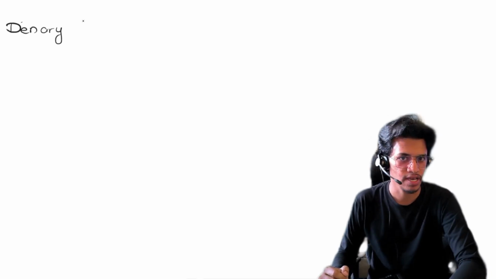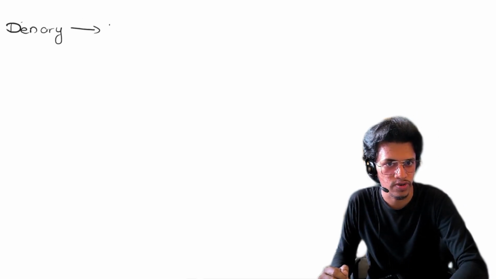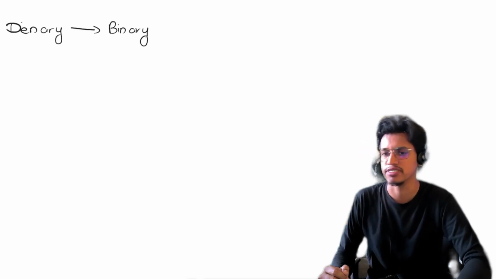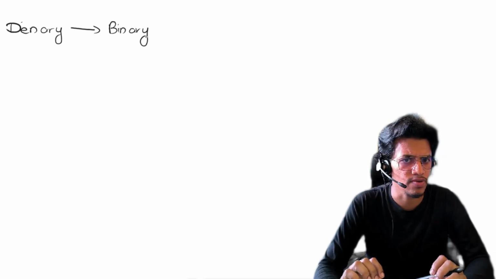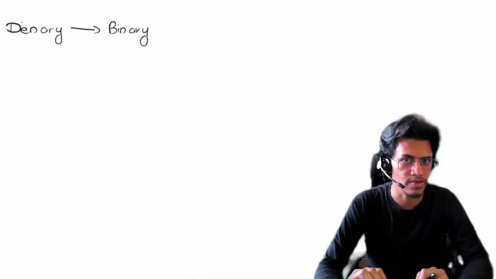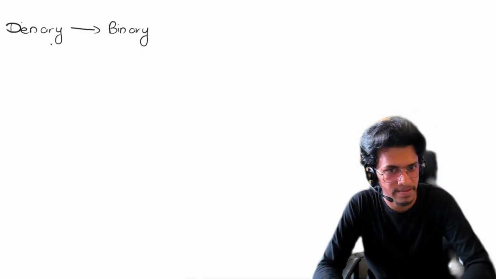Denary, or the base 10 number system, we are going to convert to binary, which is a base 2 number system. This is fairly simple. This is how we convert denary to binary.